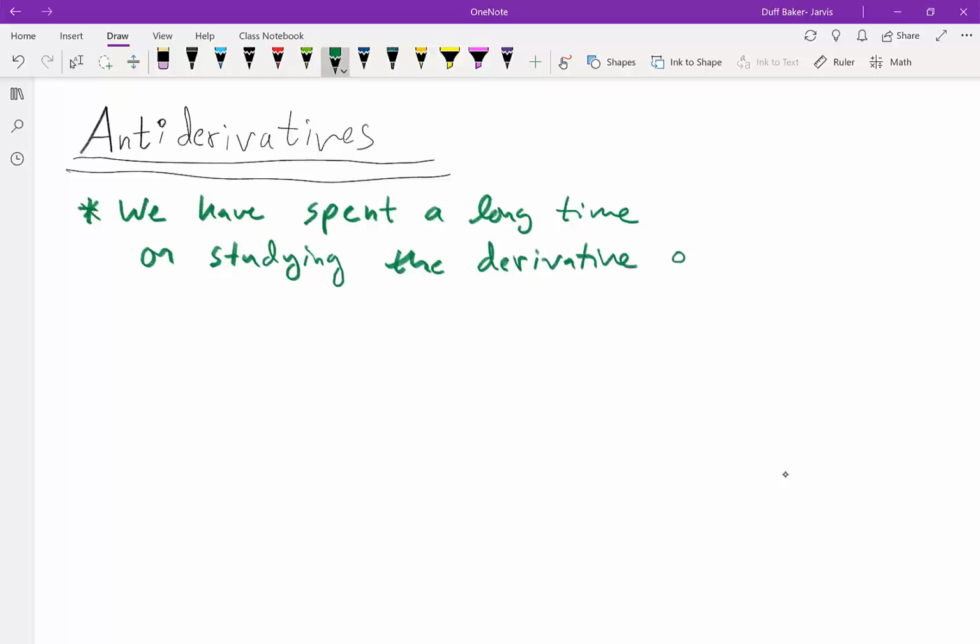Studying the derivative of a function, which we usually called f prime of x or df dx.